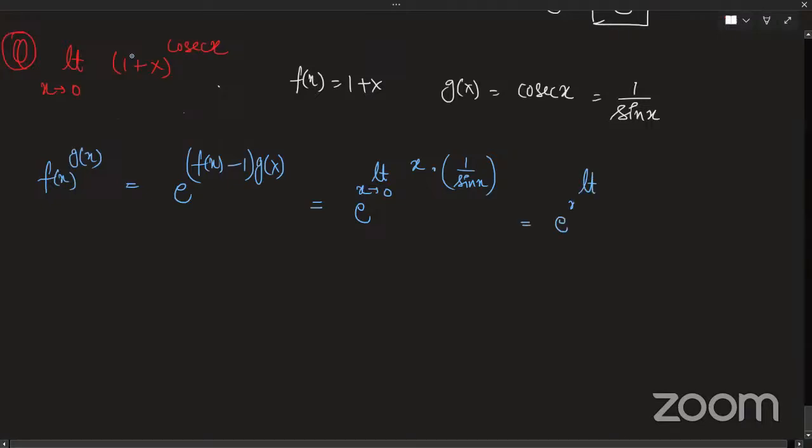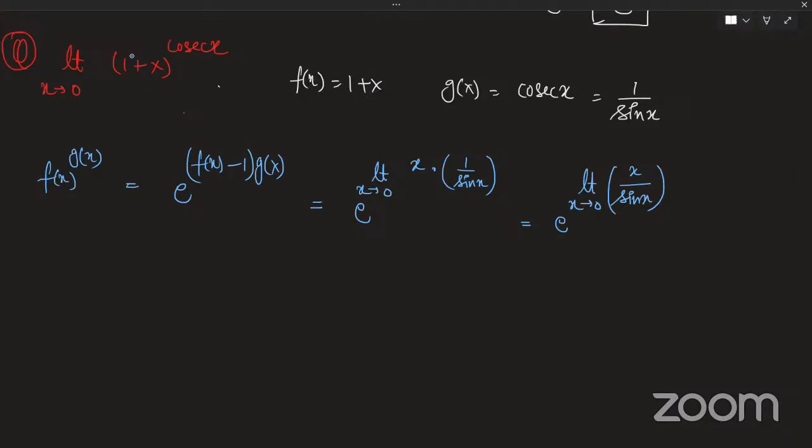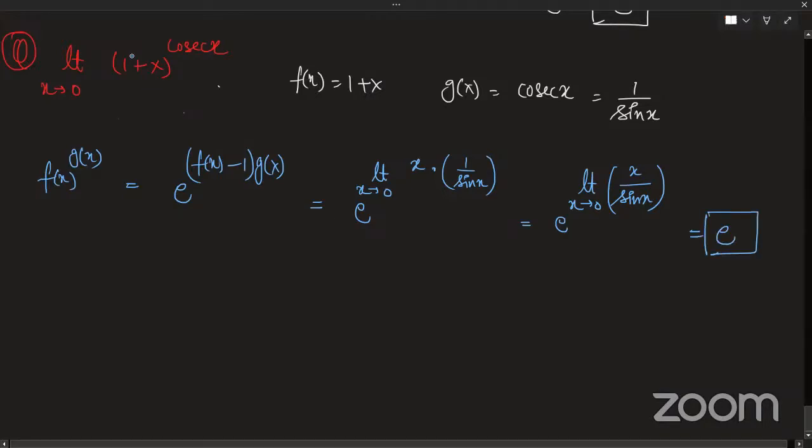It is 1, right? Yes, it is 1. So my final answer is e. Got it, everyone? Yes, sir. If sine x by x is 1, obviously x by sine x will also be 1. Is there anything to get confused about? If sine x by x is 1, obviously x by sine x is the reciprocal. So 1 by 1, it will go this way only.